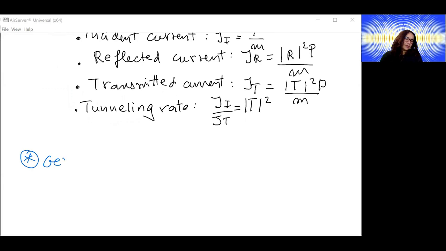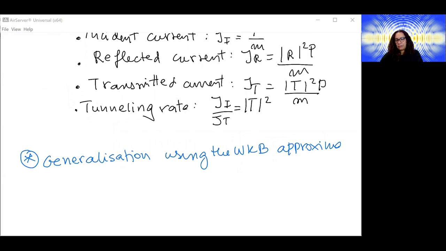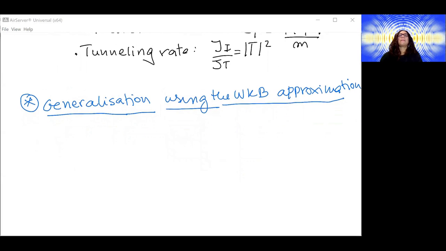So we're going to look at a generalization using the WKB approximation. So let's have a look at our potential.